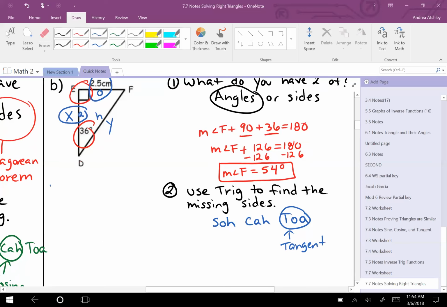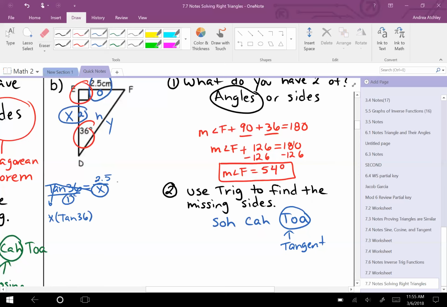So I'm going to do the tangent of my angle, which is 36, equals, the O is first, so the opposite on top, 2.5, over the adjacent, which is my X. Put this over 1, and then cross multiply. X times tangent of 36 is X times the tangent of 36.